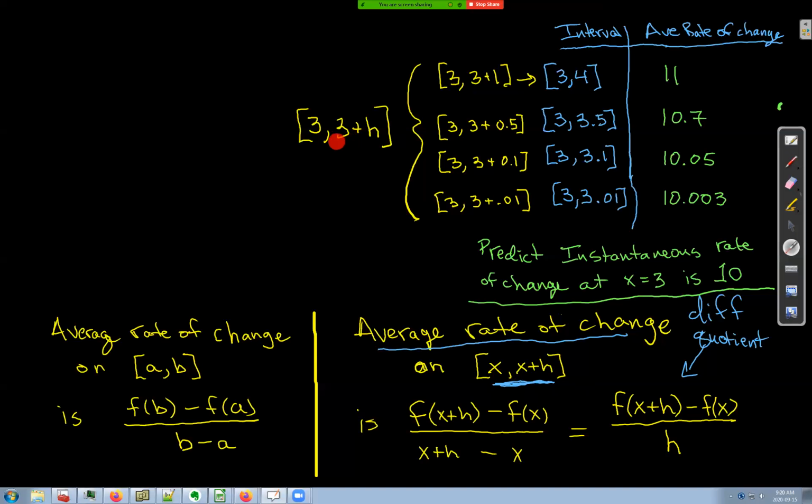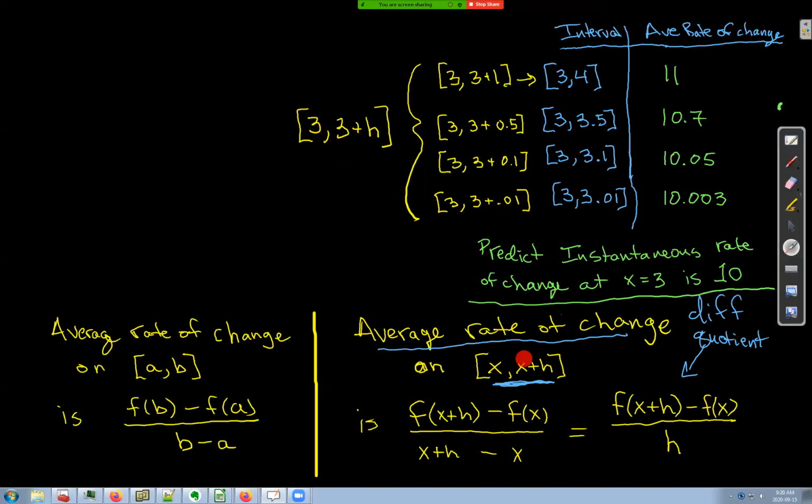But let me summarize in one or two sentences. In order to find the instantaneous rate of change, what we did is we looked at average rates of change over intervals that looked like 3 comma 3 plus h.